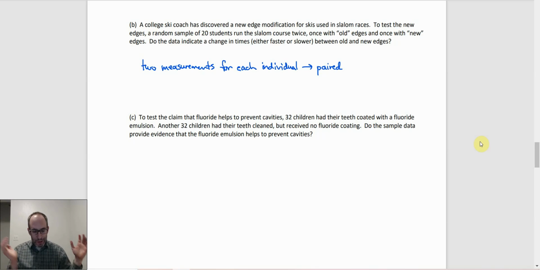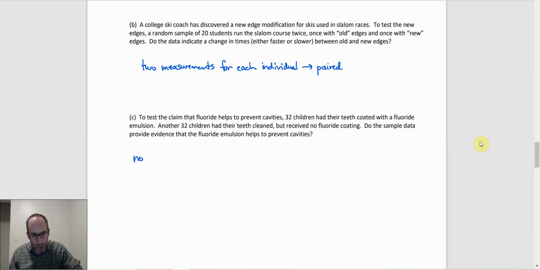Right? They just happen to be 32 in one, 32 in the other. There's no natural way of pairing. It's not like we have 32 pairs of siblings where one sibling gets the fluoride and the other one doesn't, right? We don't have anything like that. So there's no natural way of pairing, so these are going to be independent.